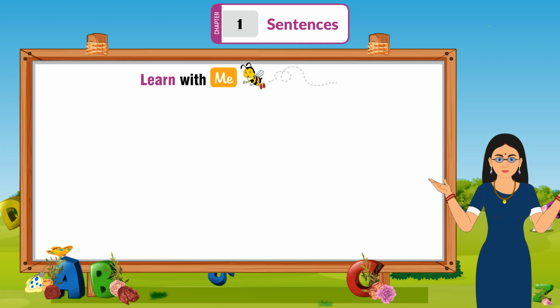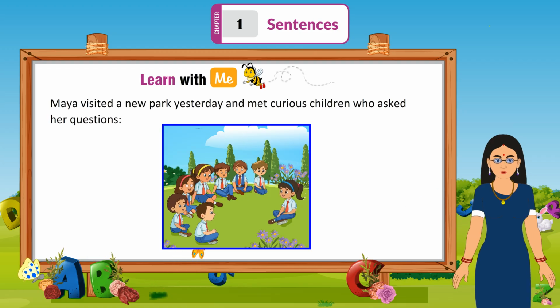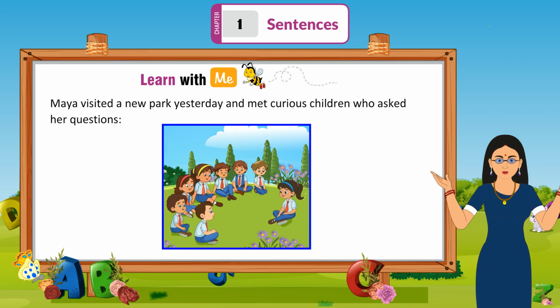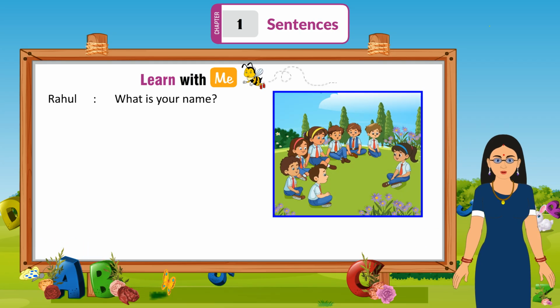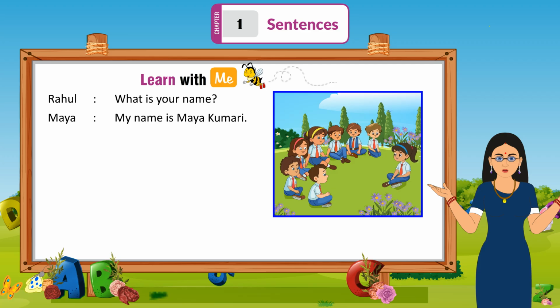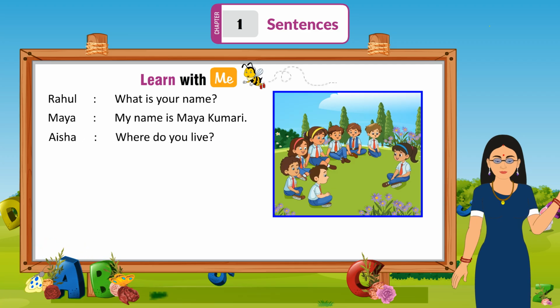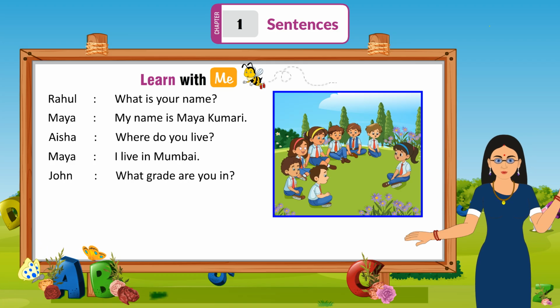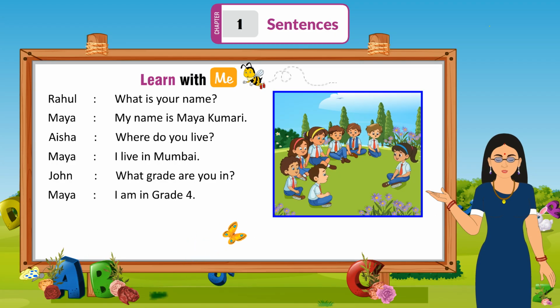It's a question. Maya visited a new park yesterday and met curious children who asked her questions. Rahul: What is your name? Maya: My name is Maya Kumari. Aisha: Where do you live? Maya: I live in Mumbai. John: What grade are you in? Maya: I am in grade 4.